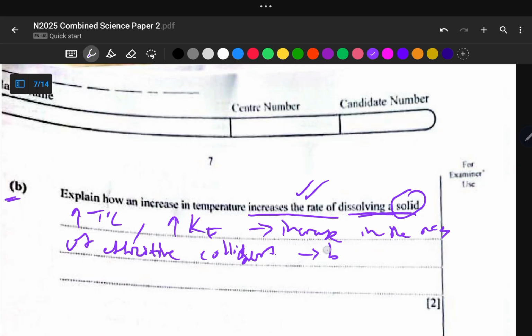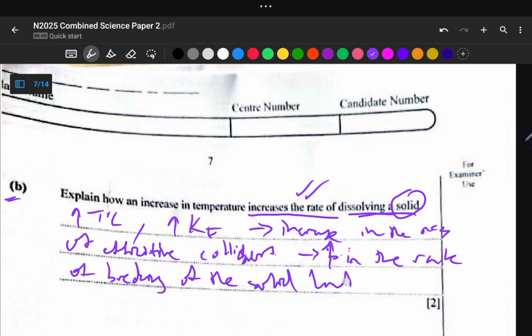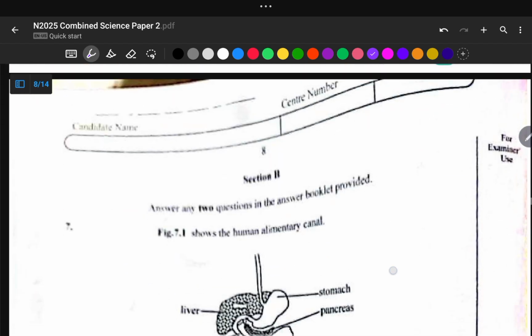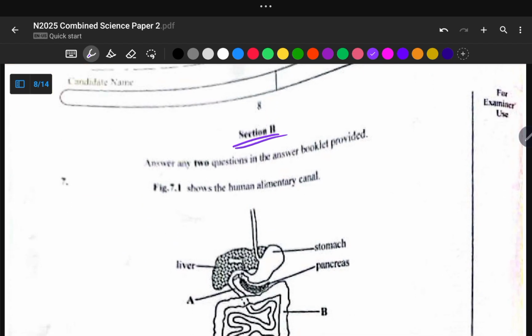Thereby increment in the rate of breaking of the solid lattice structure, thus increasing the solubility. As simple as that, right? And then we move on to the next part. So we are now on section B.